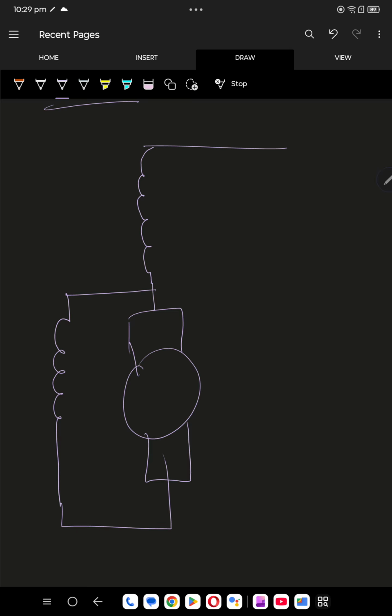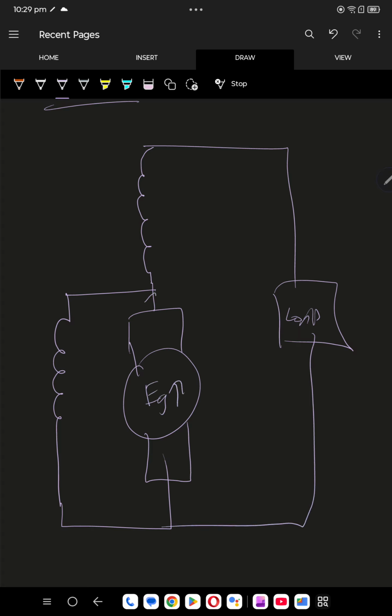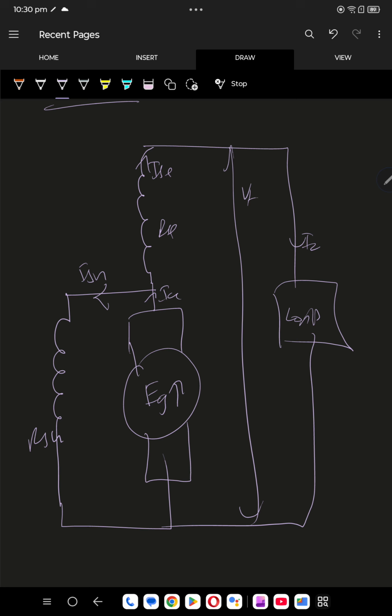Okay, and the rest is the same. Load. So EG, IA, ISH, ISC, IL, VT, RSC, RSH.